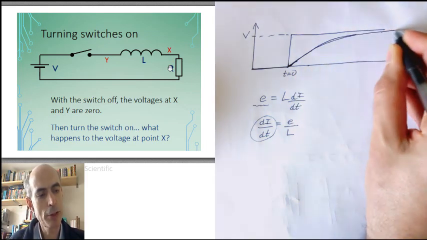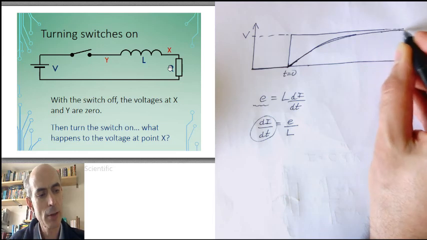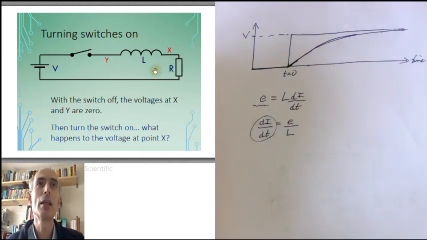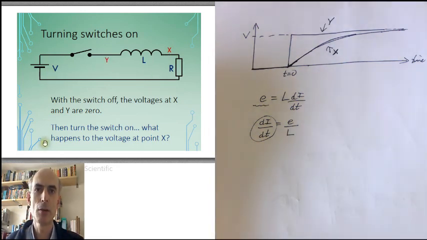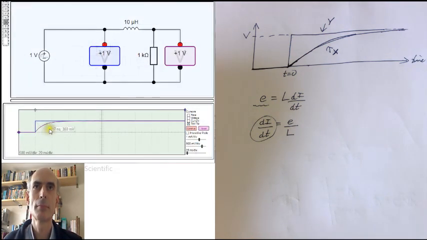But it will keep on going until, after an infinite time, in theory, it does get to the point where there is no voltage across the inductor at all, and therefore no change in current anywhere. And that will happen when X has got to V. And once again, we can see if the simulator agrees with us on this one. Yep, just as expected. Great.